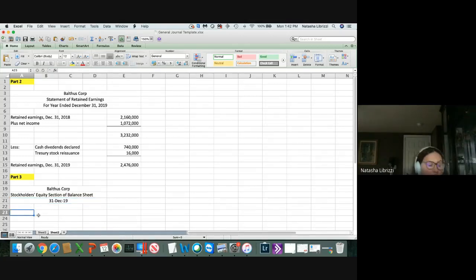All right. So what do we have in stockholders' equity? Common stock, treasury stock, preferred stock, paid in capital, retained earnings. So in here, we just have what we have. I'm going to write it out, but it's going to be long.